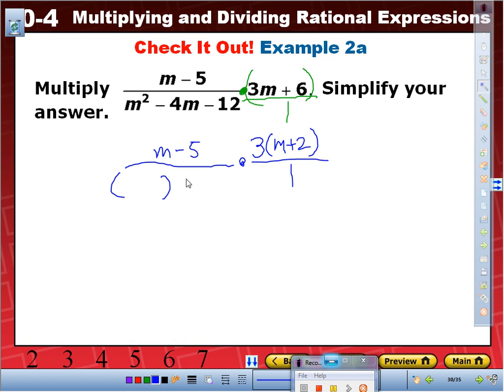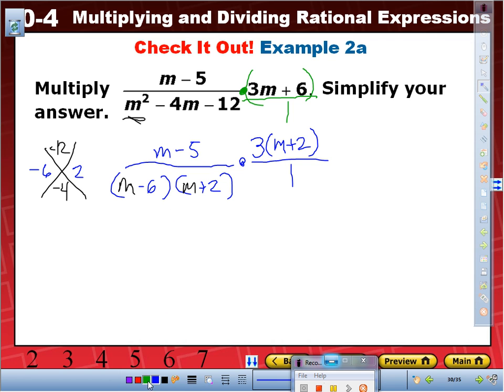Okay, continue, Roberto. What do I do? Oh, the two variables, m, so factor the first term, and m, negative 12 and negative 4. So my factors are? Positive 2, negative 6, and positive 2. So this is m minus 6, m plus 2. And can we simplify this fraction anymore?